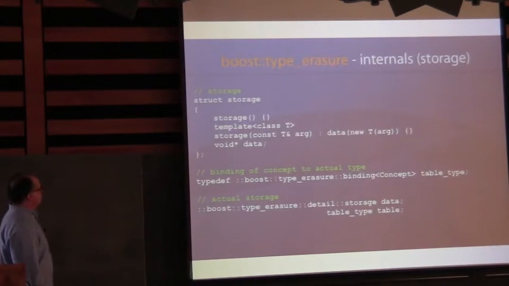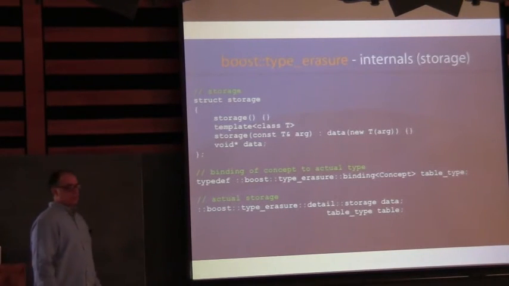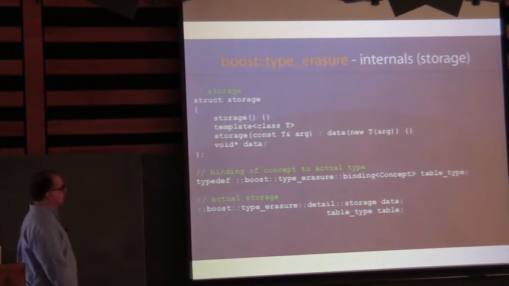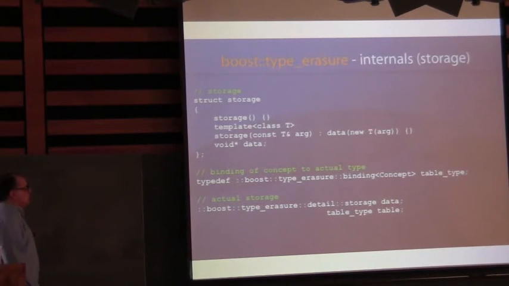The storage. As you can see here, there's basically just the void pointer, and then the type goes directly into that void pointer. And type erasure performs pretty good, I have to say, on the benchmark. It did pretty well.